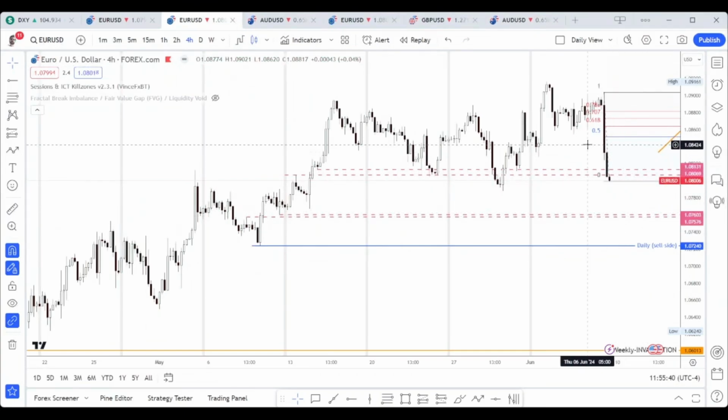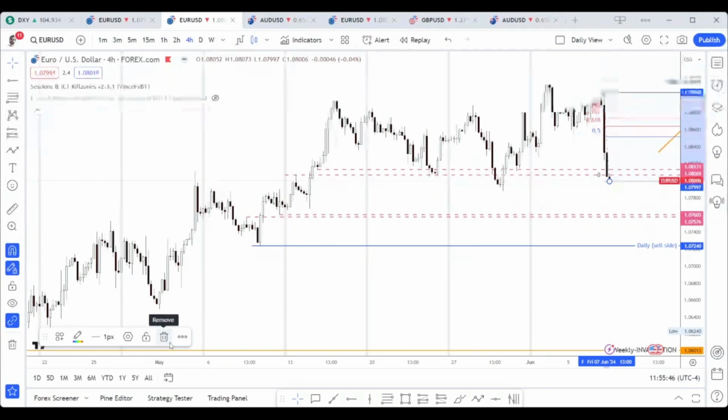Now this is what I would personally be looking at very carefully from this week onwards, from Monday onwards, that is from tomorrow onwards. I'll be trying to see if we can get to this point, or this point, which is OTE. I won't go that far towards OTE levels.